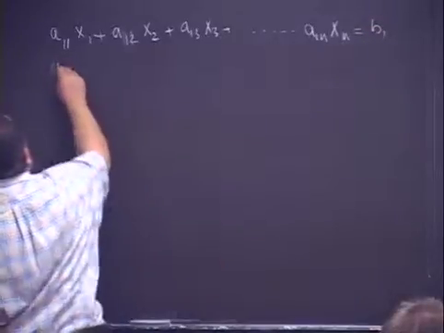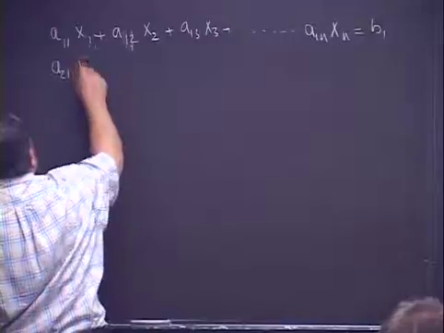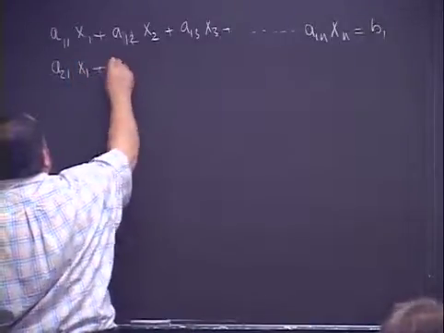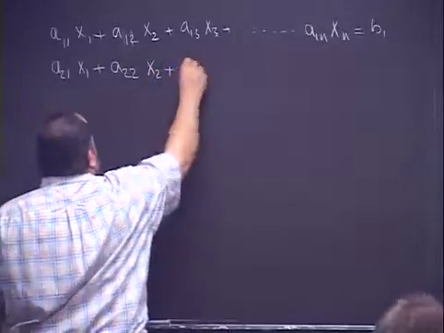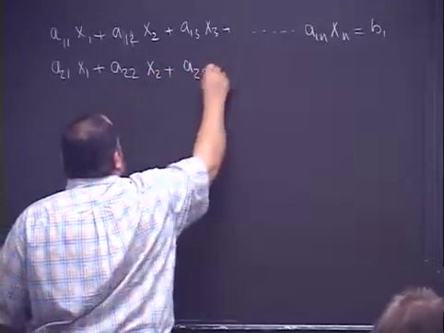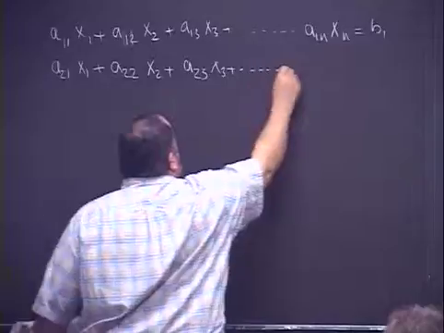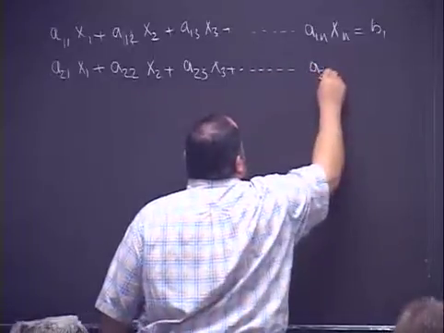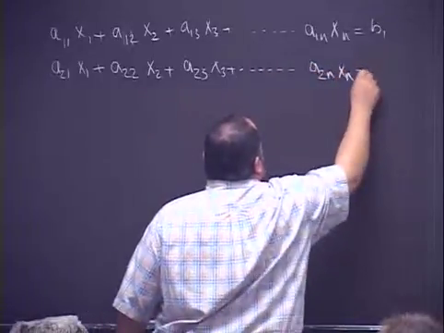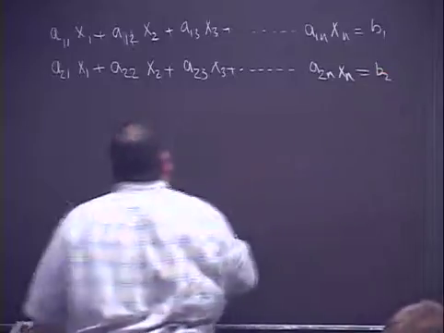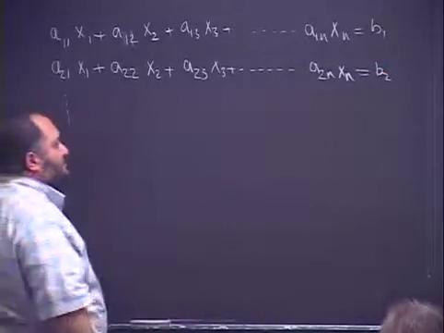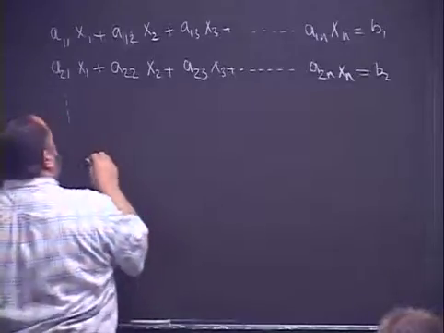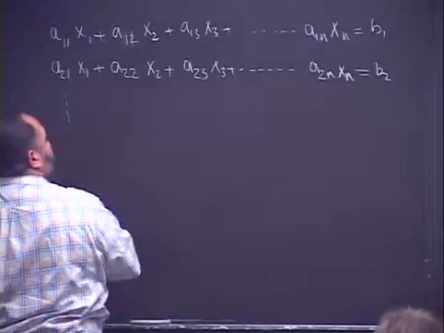And you have the second equation, a21 x1 plus a22 x2 plus a23 x3 plus a2n xn equal to b2, up to, let's say you have a square matrix.